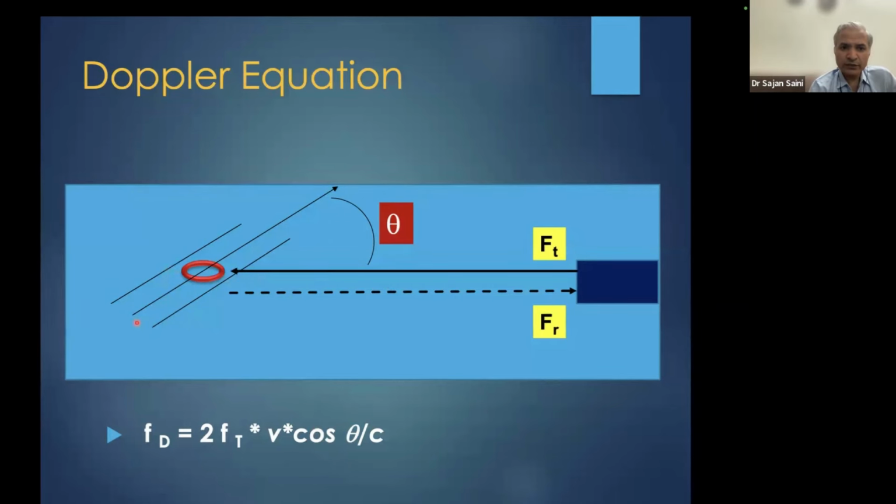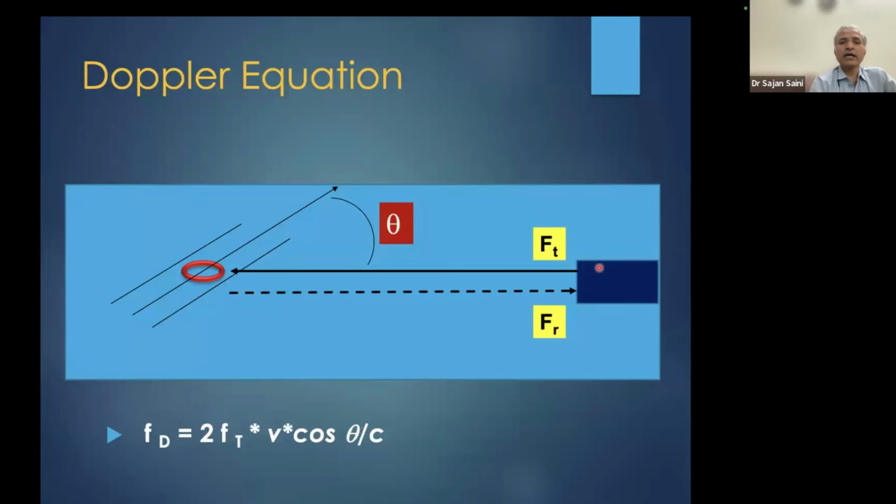However, if the object is moving at an angle, for example, exactly perpendicular to this, then cos 90 is 0. And if we apply it here, this becomes 0, and once it is multiplied, everything becomes 0. So the machine will not perceive any signal.